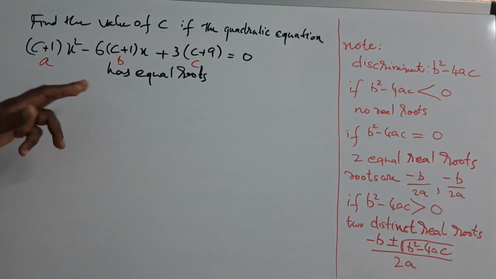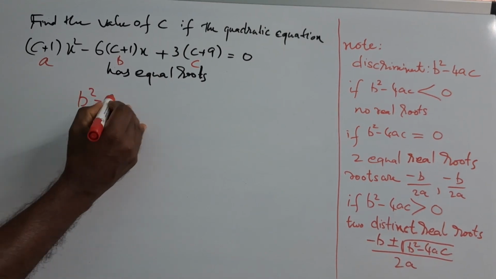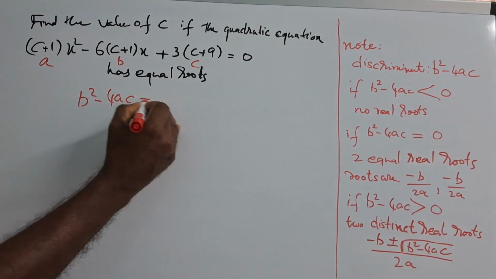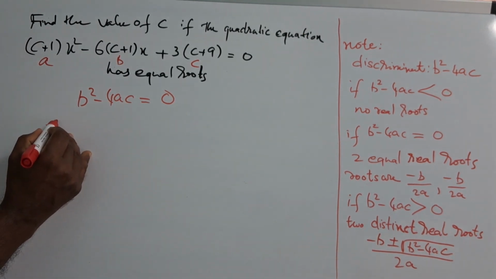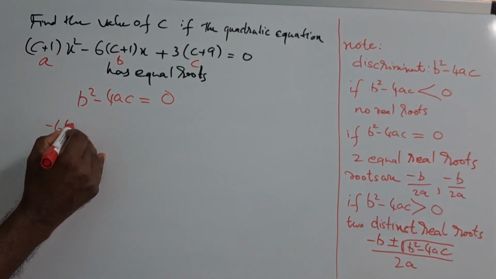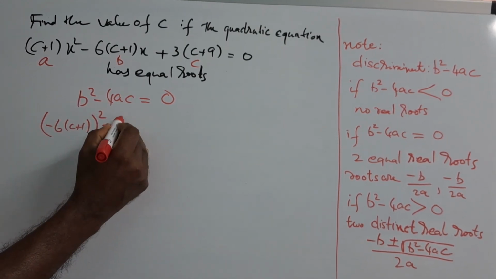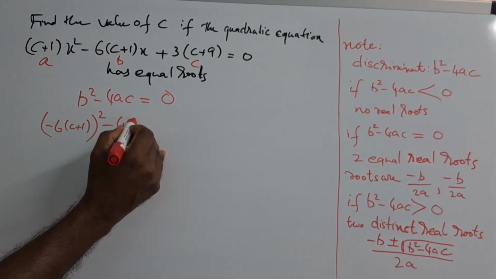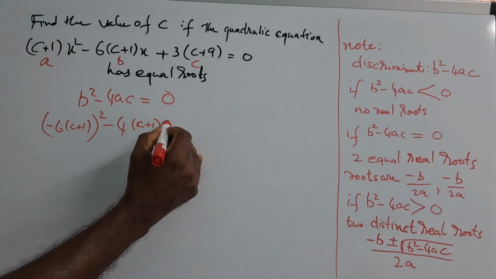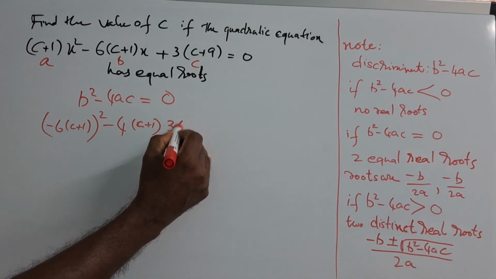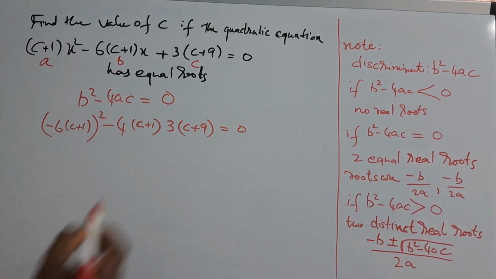It's given that the equation has real roots, therefore b square minus 4ac is equal to 0. That is minus 6 into c plus 1 the whole square minus 4 into c plus 1 into 3 into c plus 9 is equal to 0.